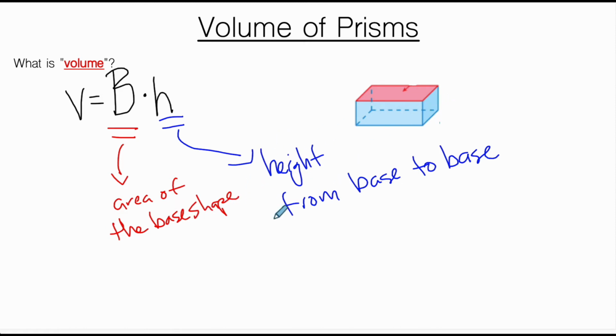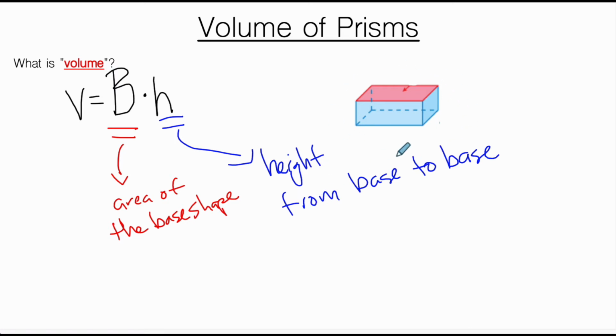That means once you know what the base is, it's the measure from one base to the other base, and then you're going to multiply by that height. So again, the volume of any prism, no matter what type of prism it is, can be found by using this formula. Big B times little h. Big B represents the area of the base. H stands for the height of the prism, aka the distance from base to base.